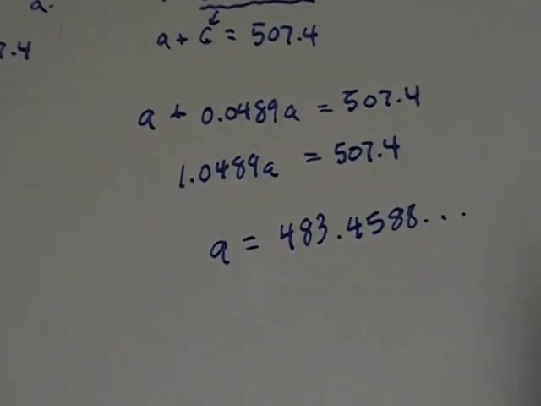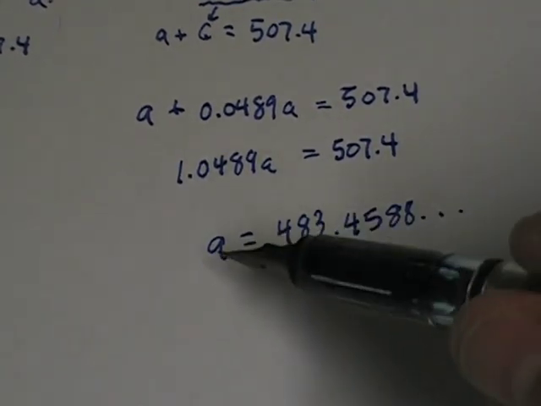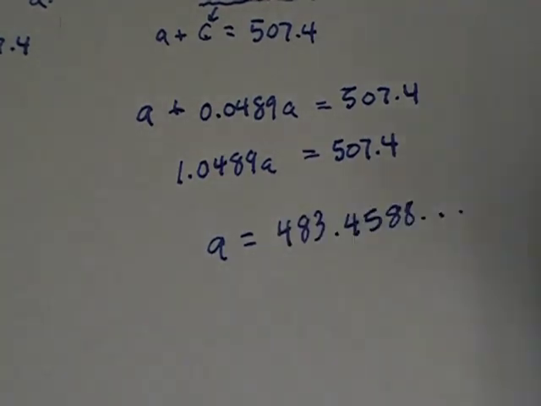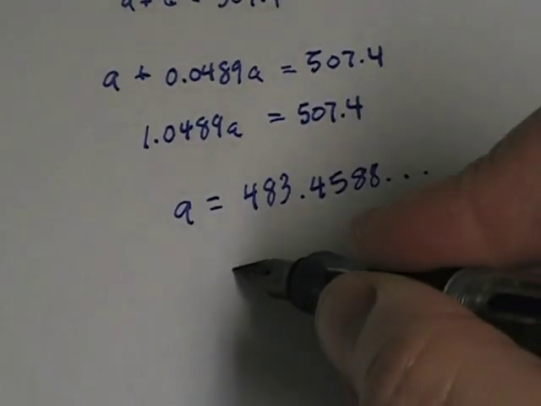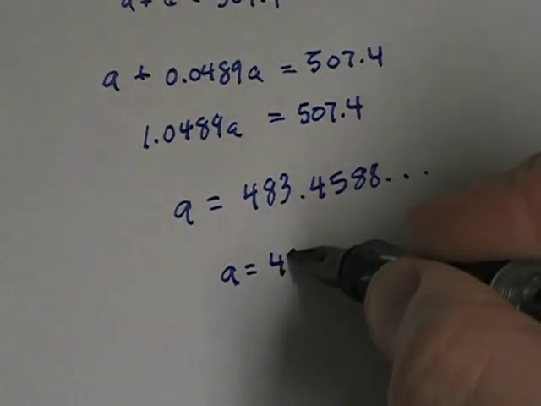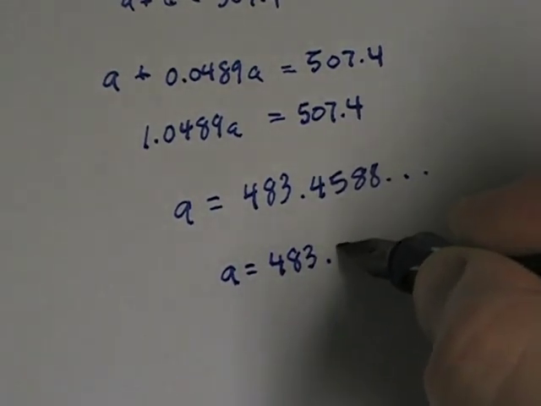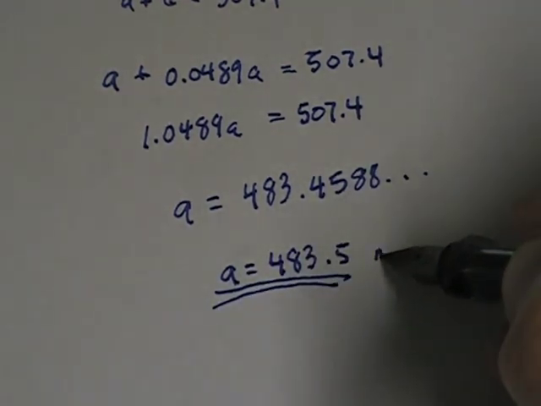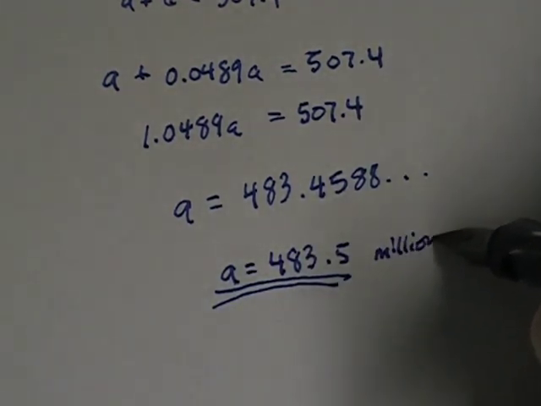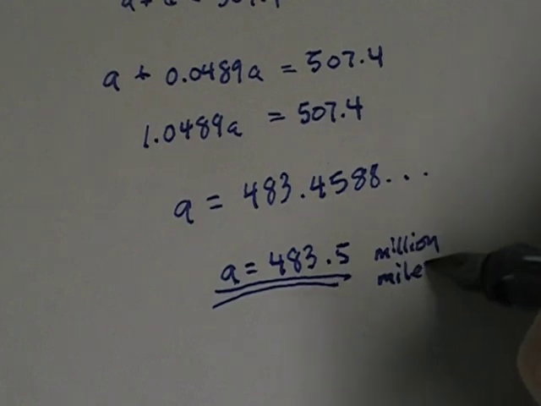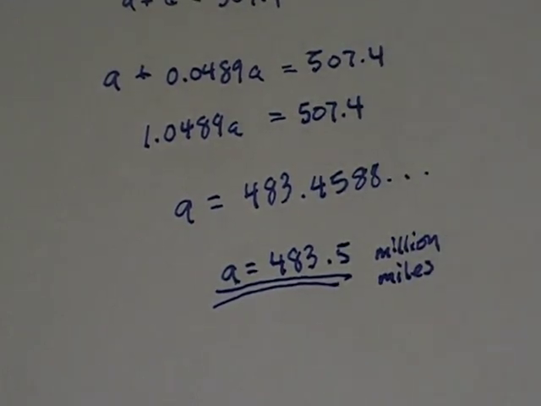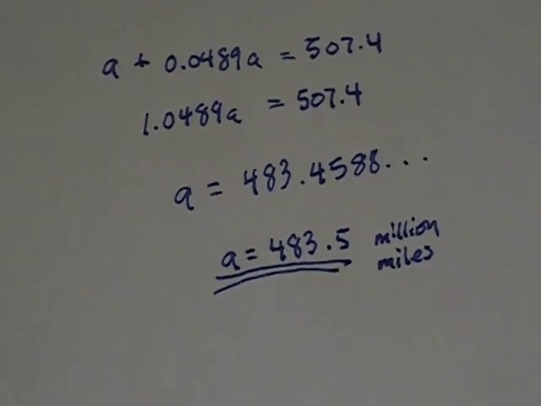At some point you've got enough, right? So we now have our semi-major axis. So I'm going to just round this. I'm going to say A equals 483.5. Okay? And that's in millions of miles, because that's what they gave me for the maximum distance.